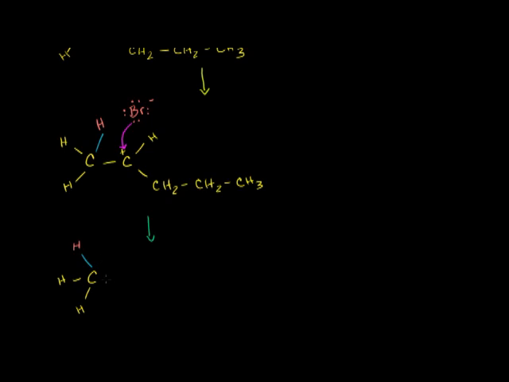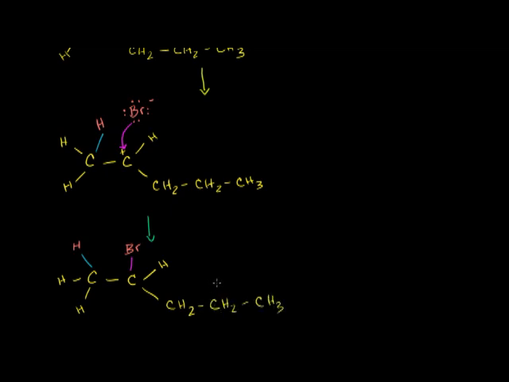And then you have a bond to this carbon, which is bonded now to the bromine. And then all of the other stuff that it was bonded to before. You have a hydrogen, and then you have another chain of 3 carbons.